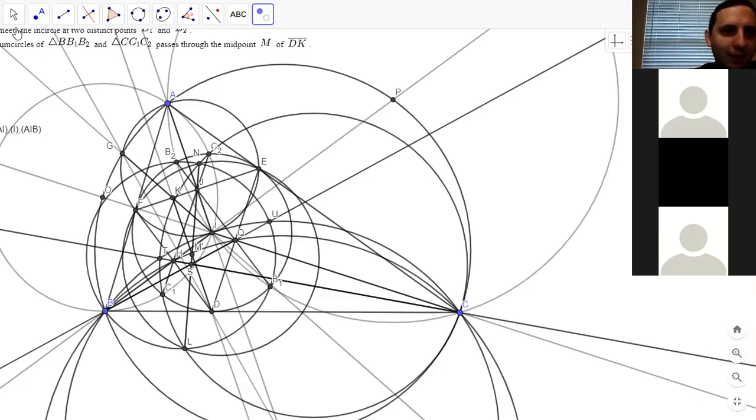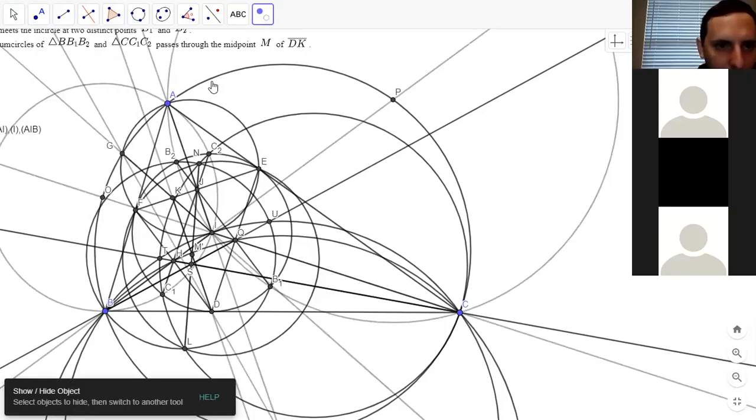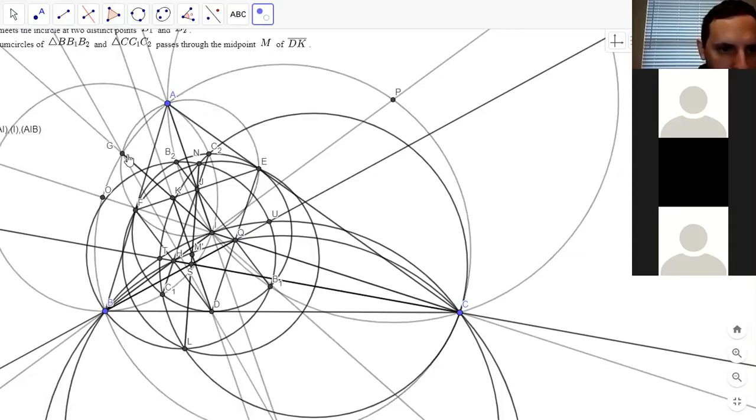I see what you're saying. I'm just going to hide a whole bunch of stuff. I don't want to hide the big circle, but actually I probably could, right? I don't need that big circle. I can hide a ton of stuff then. Wow.